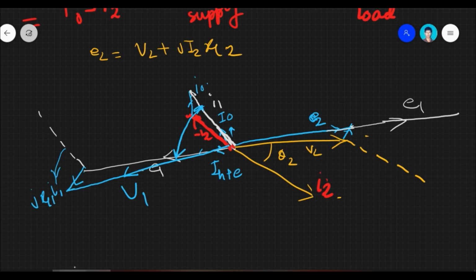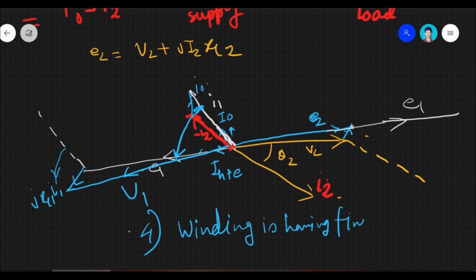Now we have to remove that last part, that the winding conductors have finite resistance. I ask you to think about it.